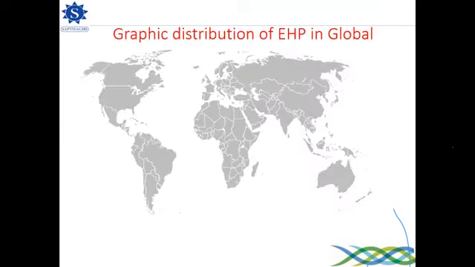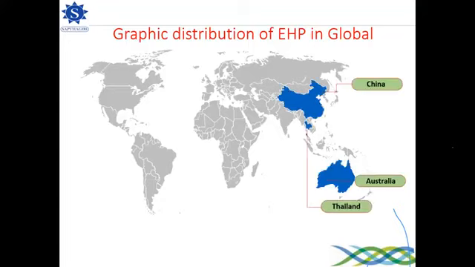EHP was first detected as an unnamed microsporidian from growth-retarded black tiger shrimp from Thailand in 2004. There were other reports of similar unnamed microsporidians in the hepatopancreas of Penaeus monodon in Malaysia and China, and in Penaeus japonicus in Australia in 2001.